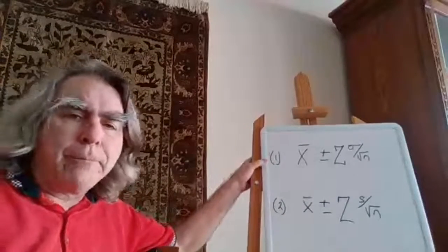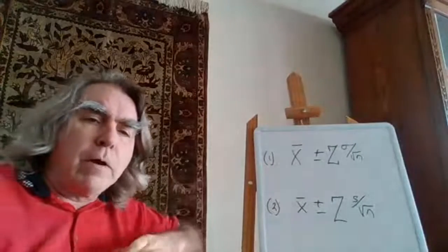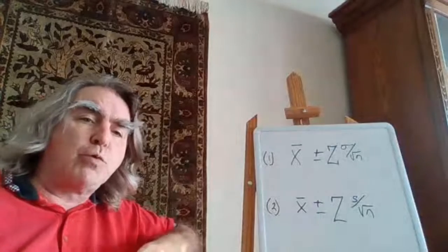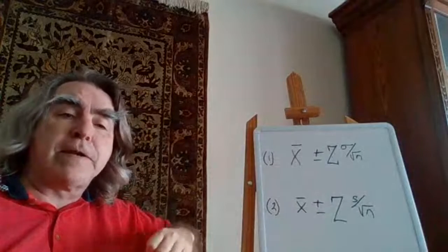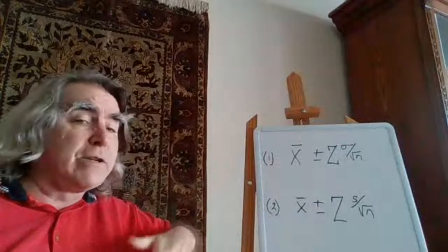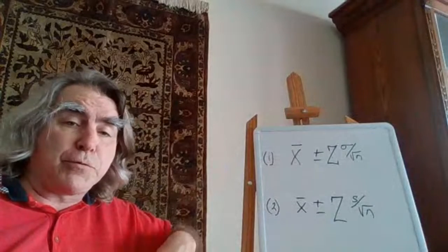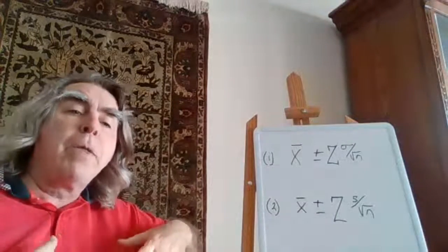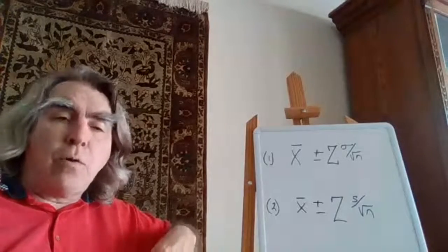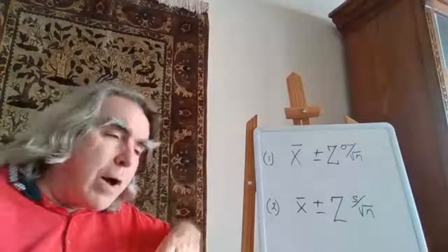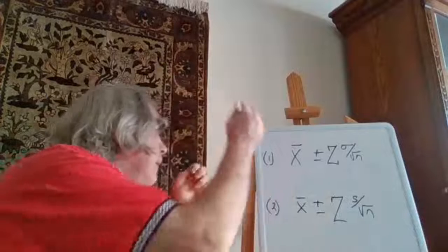The first one, okay, when we are doing confidence intervals, we are trying to be able to say something with a little bit more than 0% likelihood of being true, right? So what we are doing is we do not know what reality is. We do not know what mu is.